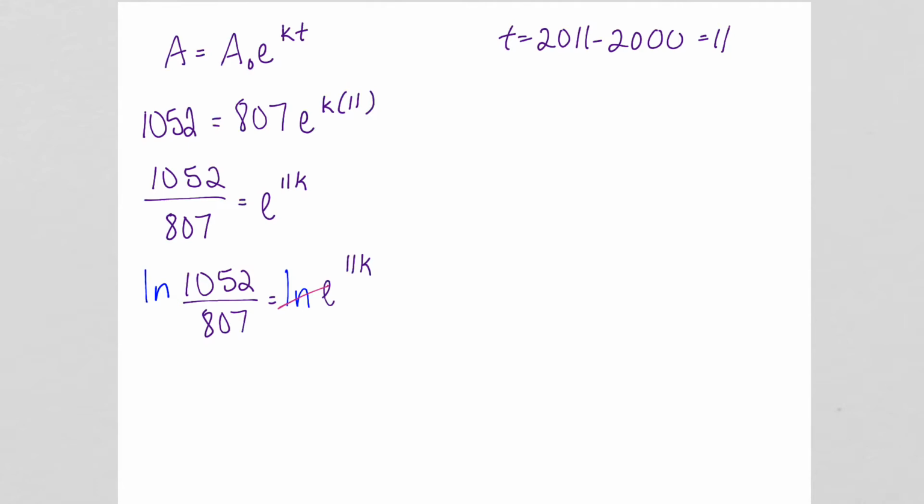So the natural log takes away the e, and we're left with 11k is equal to the natural log of 1,052 over 807.